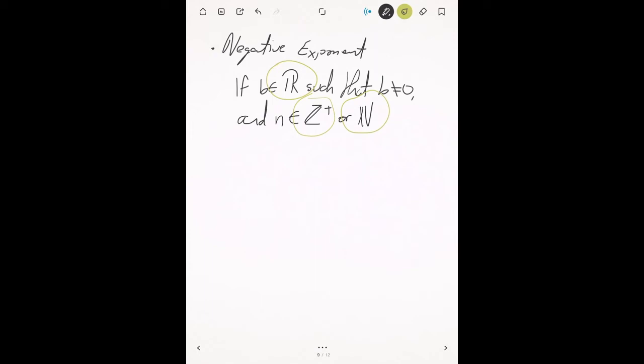Okay? So it might help if I wrote down the natural numbers are the set of 1, 2, 3, 4, and so on. But you could include a 0.